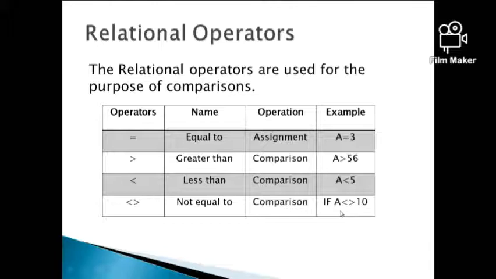It means if A is not equal to 10, it will compare and provide the result in yes or no form. All these three operators will give us the result in yes or no format.